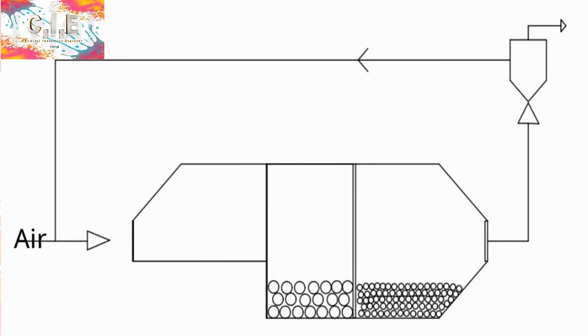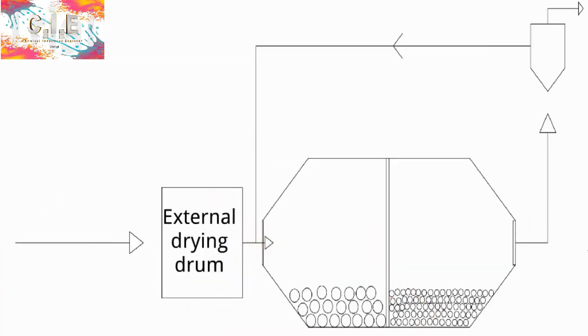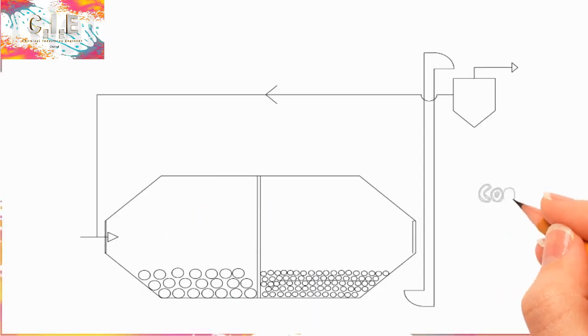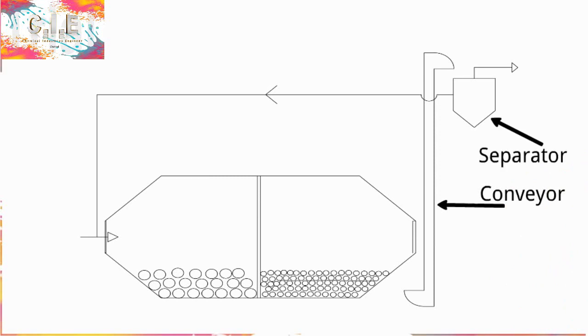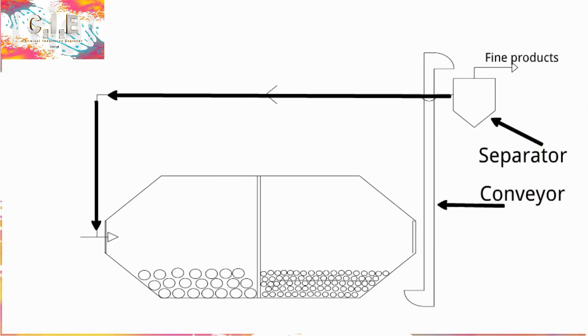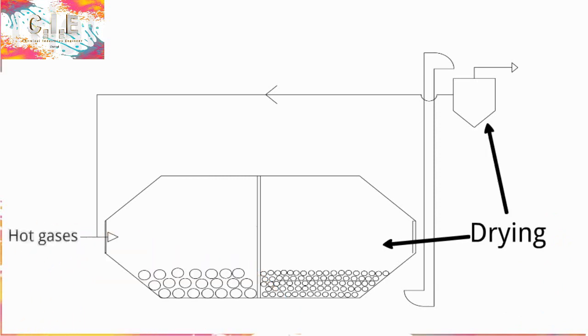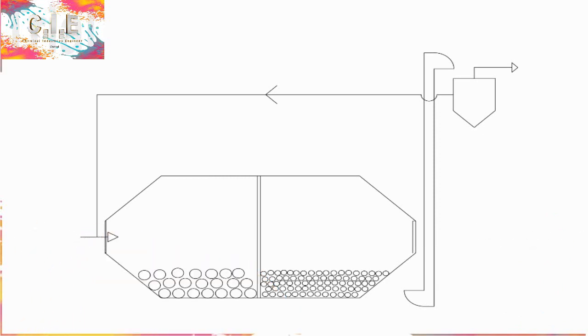In this case, drying is done by passing hot gases through a drying chamber or external drying drum. With the bucket elevator, the products are taken by conveyors to the separator to take the fine to the next step and return the coarse to regrinding. In this case, drying is done in the mill or the separator by hot gases. For high efficiency separators, drying is done in the mill.